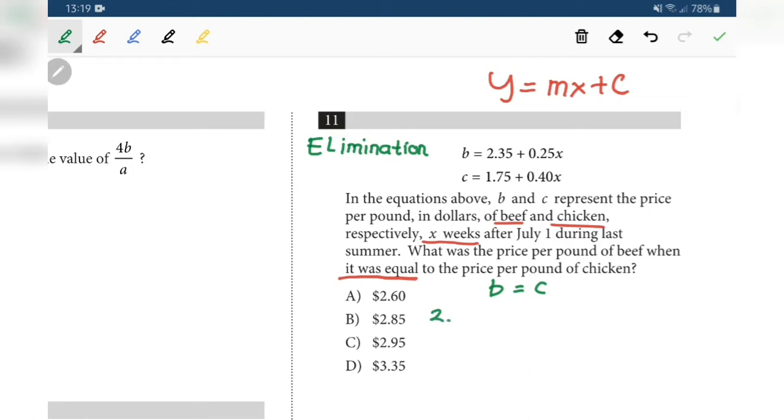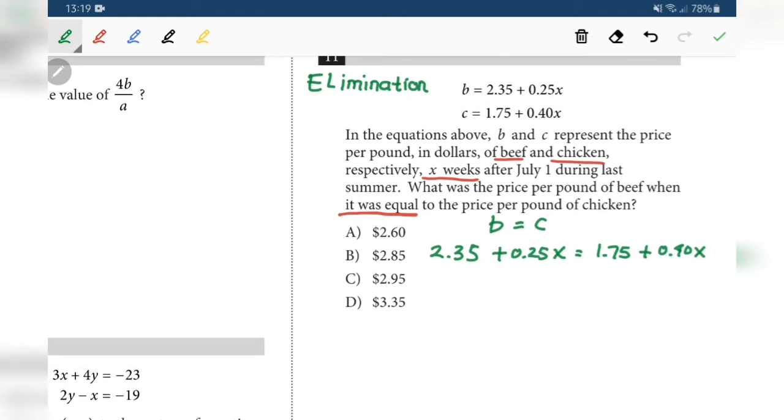So B is 2.35 plus 0.25x equals 1.75 plus 0.40x. Okay, so we classify the one that doesn't have x to the left and the one that has x to the right.